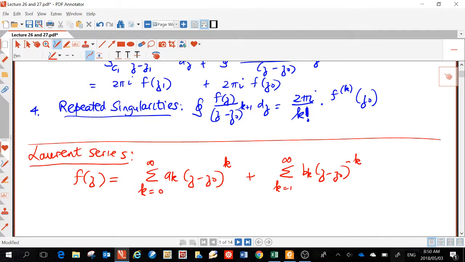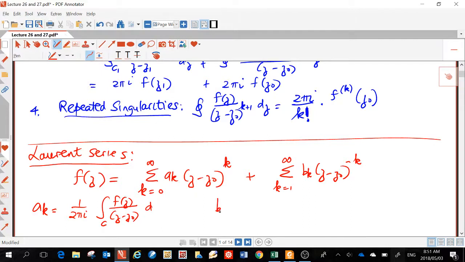Most of them do stop, but it can also go up to infinity, in which case we call it an essential singularity. You can't do anything about it. You can't remove it. So the a_k here, we know from the earlier study, is 1 over 2 pi i, the integral of f of z over (z minus z naught) to the power k plus 1 dz, taken over some contour C1.